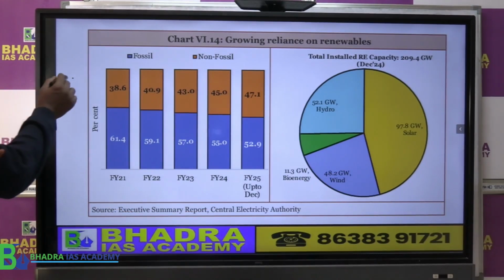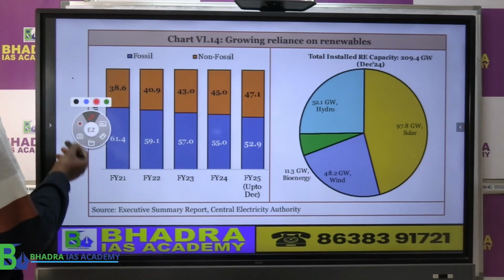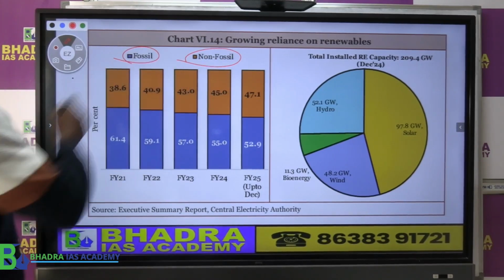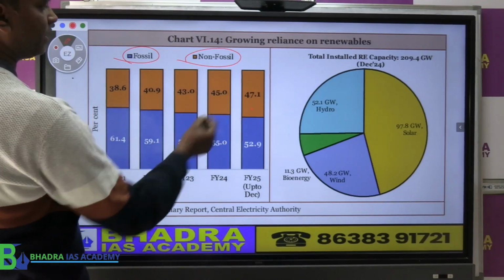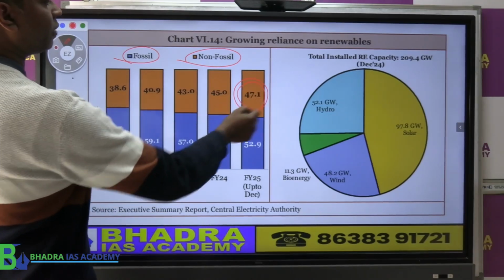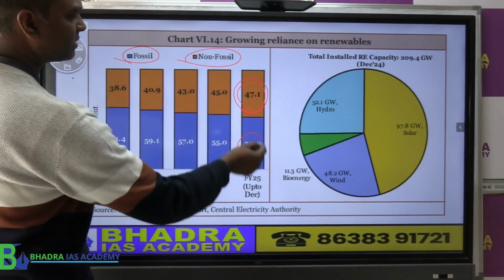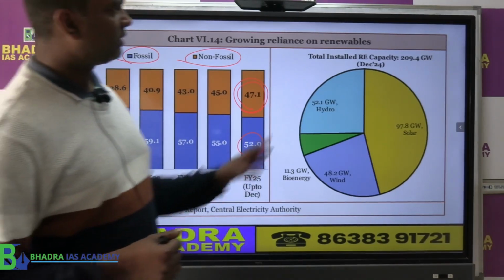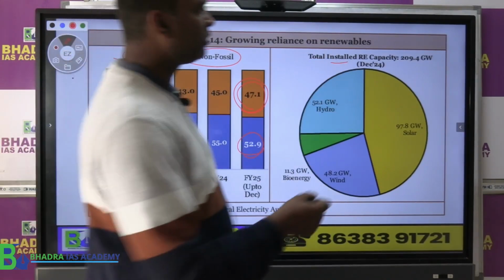Here we have fossil energy and non-fossil energy. The non-fossil energy is this part, which is now 47% of the total, but still the majority is fossil energy.